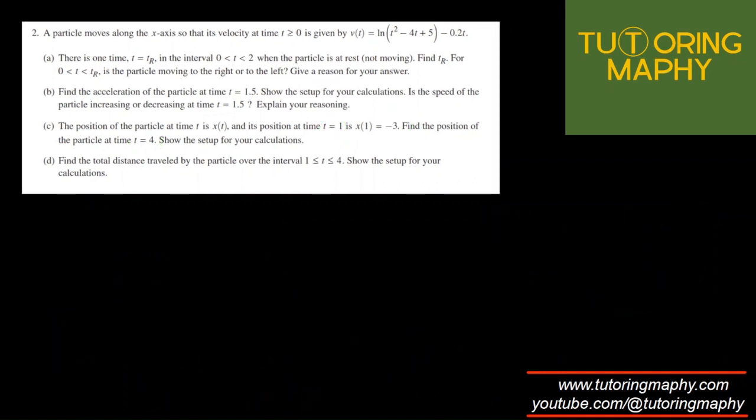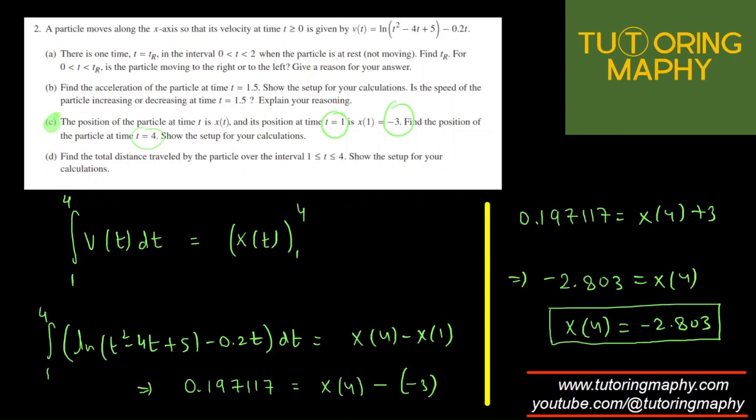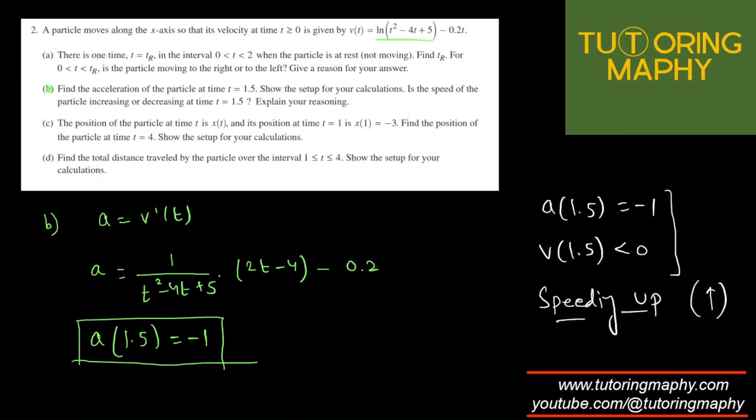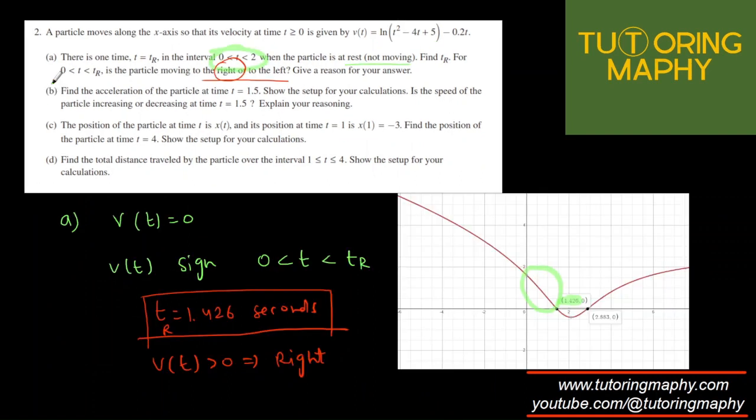And finally, they are asking to find the total distance traveled by the particle between 1 to 4, and we very well know that. Let me just quickly mark what I was solving in each step, each question, so that it will be a little easier for you to track.